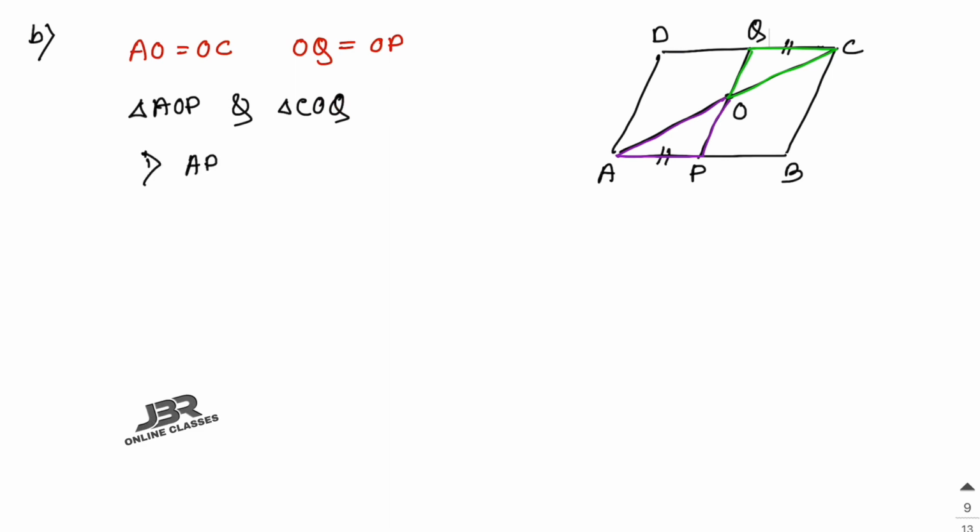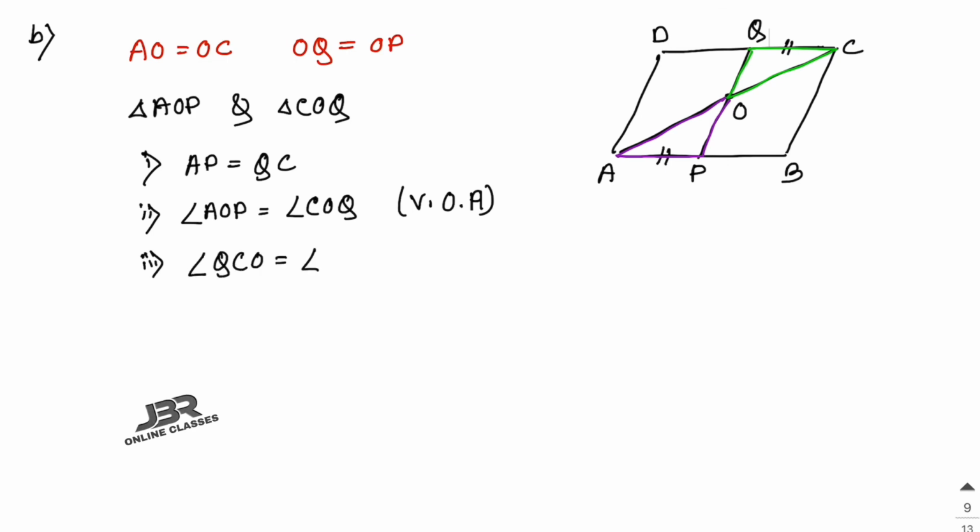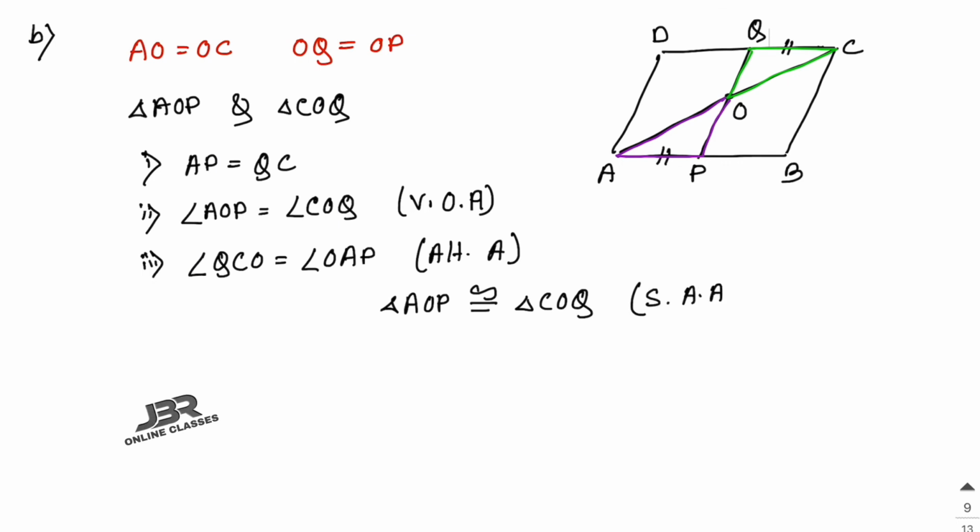The first one, AP is equal to QC, given. Number 2, angle AOP is equal to angle COQ, vertically opposite angles. And number 3, as ABCD is a parallelogram, definitely AB is parallel to CD, that means angle QCO is equal to angle OAP, alternate angles. So you can write down triangle AOP is congruent with triangle COQ by SAA rule.